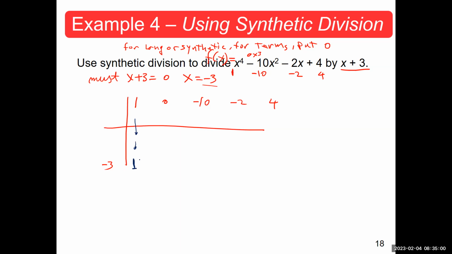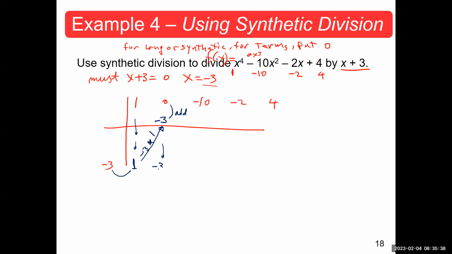Then you multiply negative 3 times 1, so you multiply those two numbers. The answer, I put here, negative 3. Now add those two numbers. Add, not subtract, and put the answer right here.